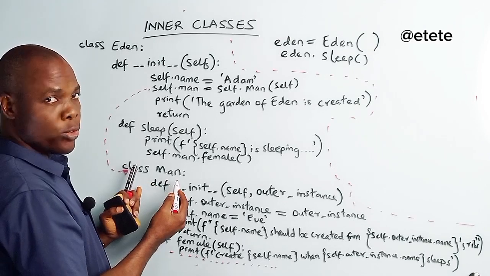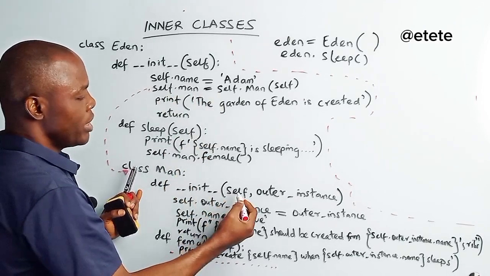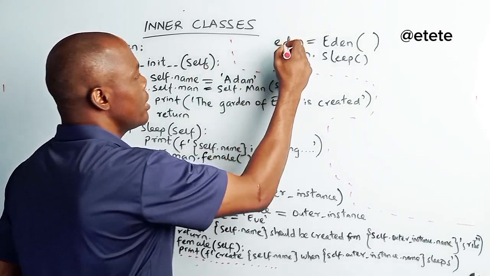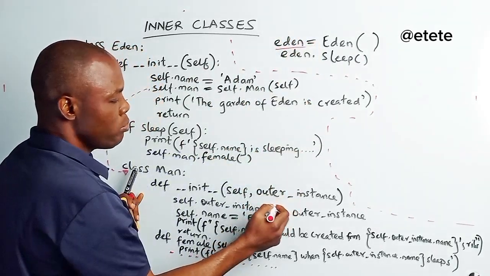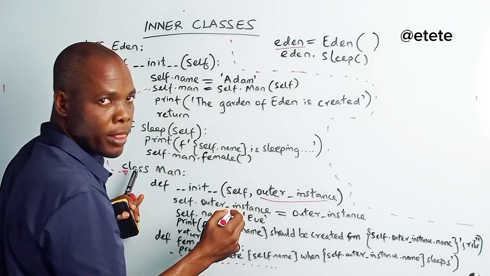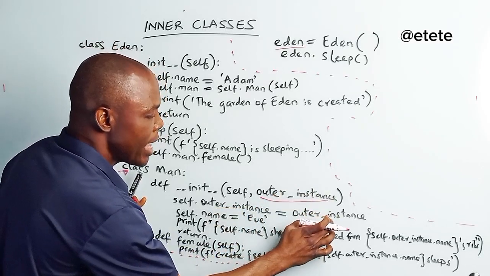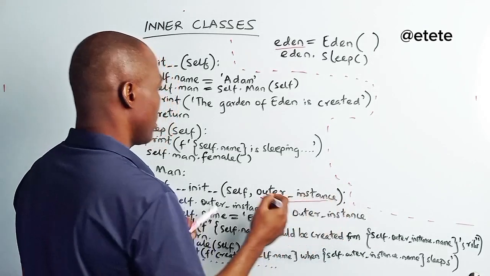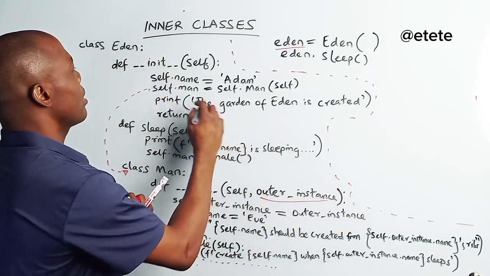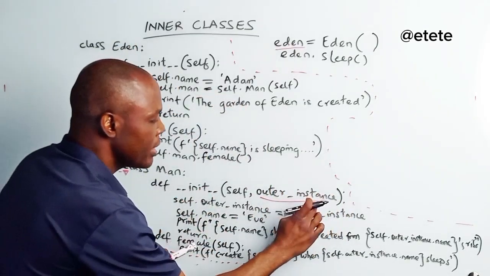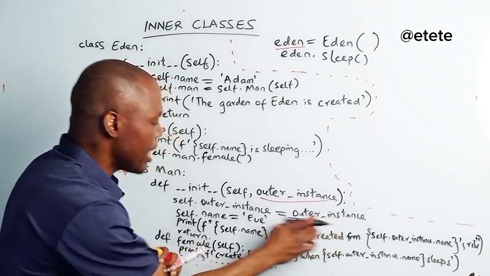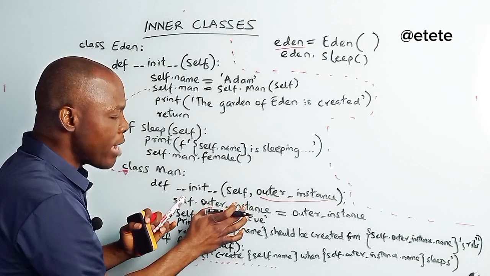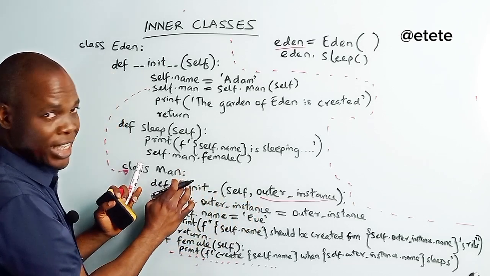Once control gets to this guy from this place, it will initialize. And then the instance of this outer class, which is this hidden, will be given to this place. Now it will go in. This instance, the outer instance, will be saved inside self.outer_instance. It will be saved here. This outer instance is an attribute of this inner class.